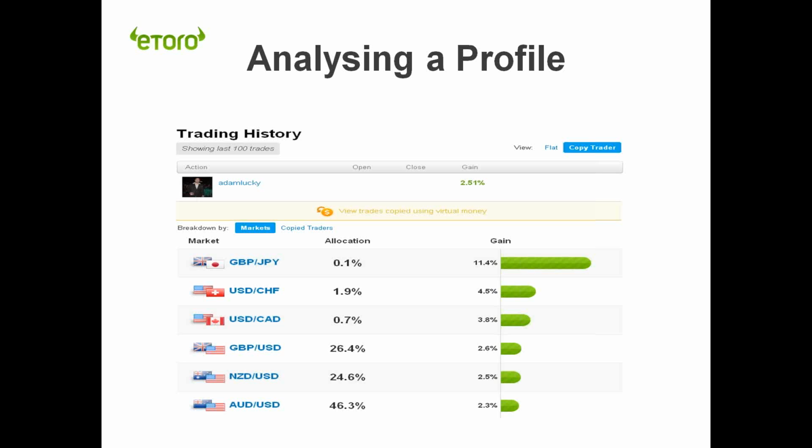But here we are again, and you can see that we've got all the breakdown. And this trader, for example, Adam Lucky, turned this over in 17 days. He did 100 trades, so a 2.51% gain in 17 days on the last 100 trades is good going.